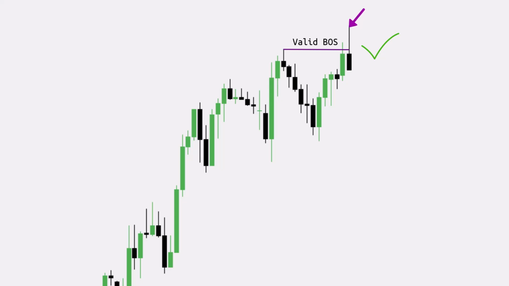Therefore, in this case, we have established a newly formed major high, the highest point reached by the second candle's wick, and a major low, the low point before the upward movement began, which together define our updated trading range. By understanding these nuanced scenarios and applying these specific criteria, you can more accurately identify valid breaks of structure and avoid being misled by false signals. This precision in analysis allows for better entry and exit points and a clearer understanding of the market's directional bias.